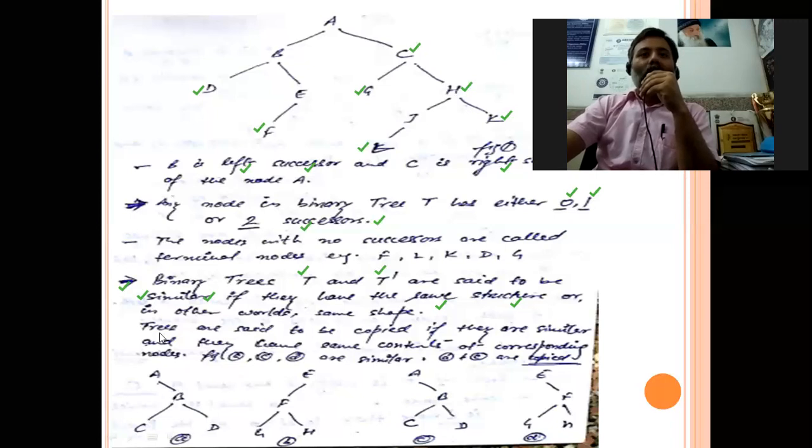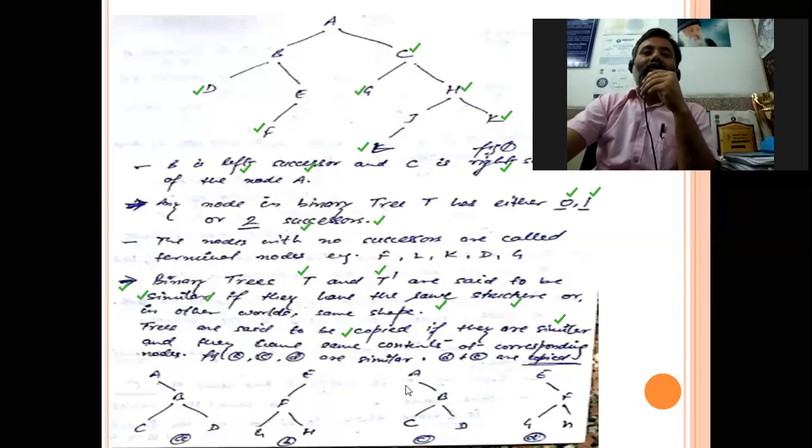One more point: trees are said to be copies if they are similar and they have the same contents also at corresponding nodes. So two trees may be similar, but it is not necessary that they are copies.